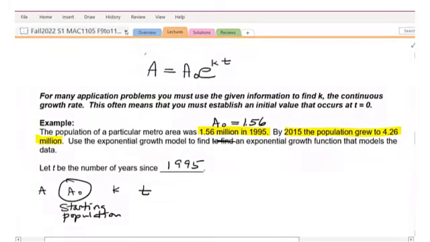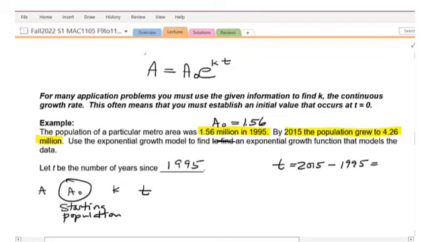All right, so if 1995 is the starting year, then what is t equal to in 2015? How do we get that number? We take the ending year, the current year, minus the starting year. So we're going to take 2015 minus 1995 to figure out how many years have passed.